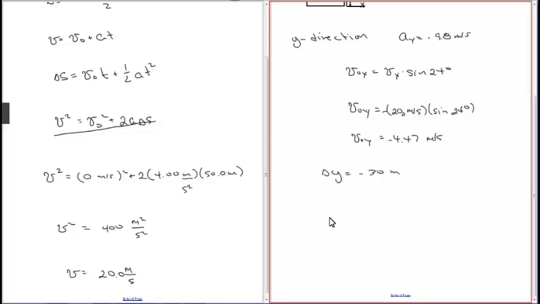V sub y squared is equal to v0 y squared plus 2 a sub y delta y. So we get vy squared is equal to v0y squared, which is negative 4.47 meters per second squared, plus 2 times the acceleration, which is negative 9.8 meters per second squared, times delta y, which is negative 30 meters.